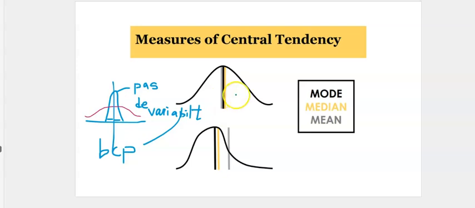But when you have outliers, you will have skewness like that, and you will also see that central tendency is affected. So mode, median and mean are different. When it's normally distributed, the mode, median and mean are in the same position. But if they are skewed, they have different numbers.